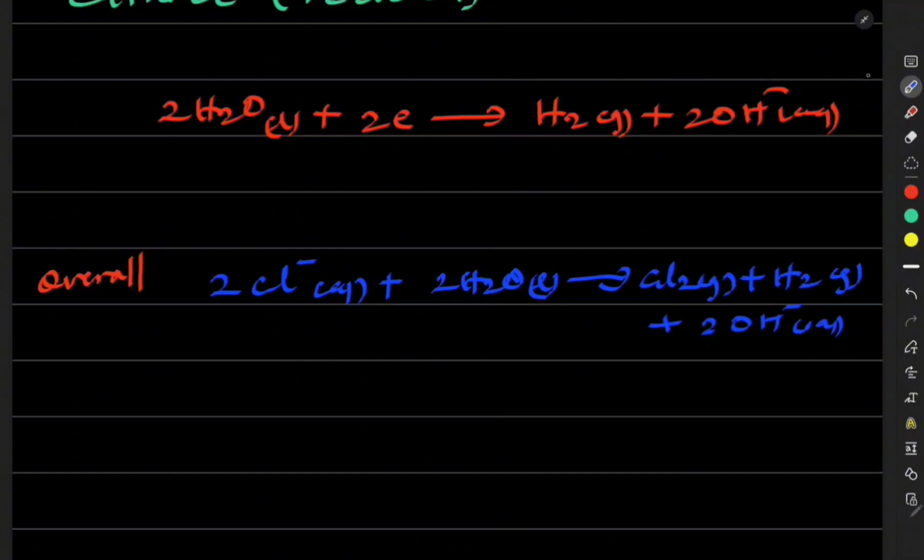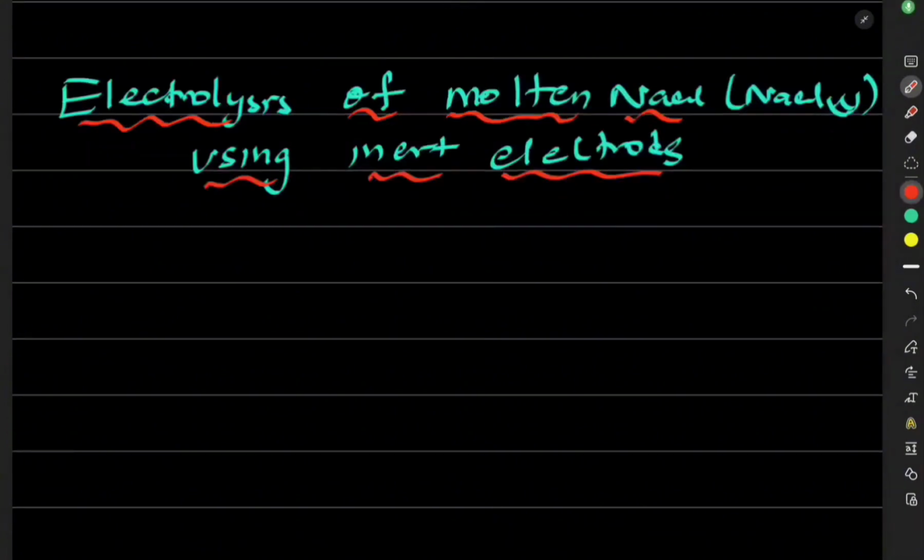Now let's look at electrolysis of molten liquid sodium chloride using inert electrodes. At room temperature, sodium chloride is solid and it does not have any mobile ionic species, therefore it does not conduct electricity.